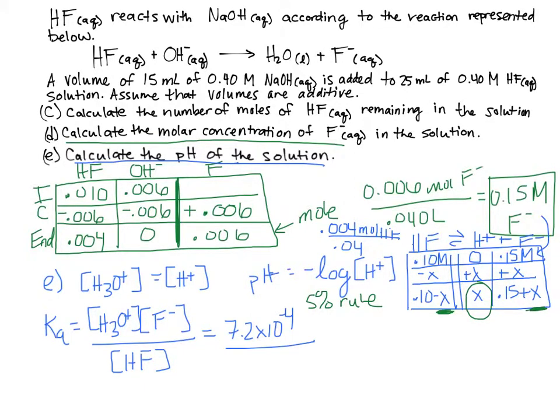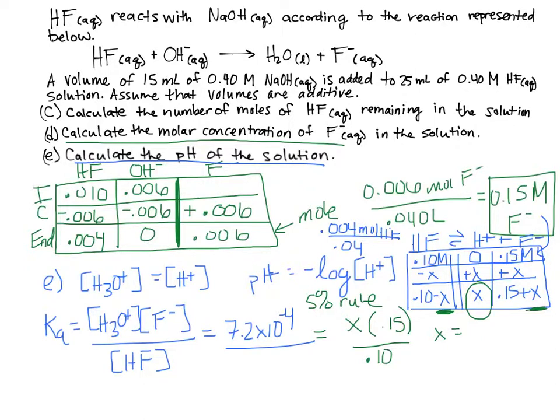So here's what we're going to plug into our equation. We're going to plug in X times 0.15, which is the fluoride, forgetting about the plus X. Then we're going to divide by 0.10. Now all I have to do is solve for X.